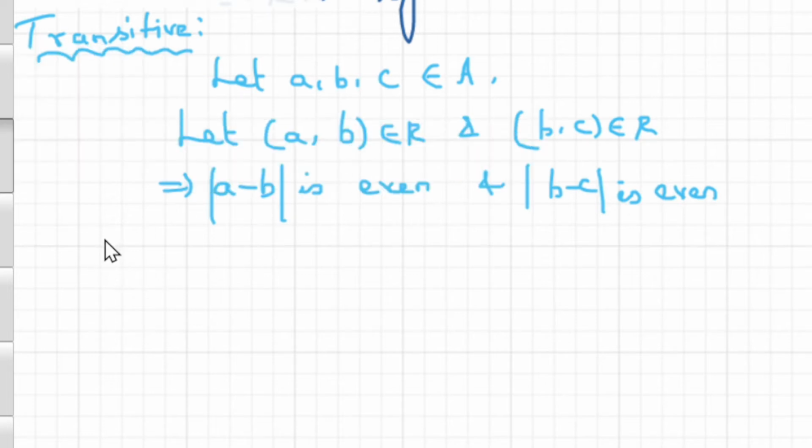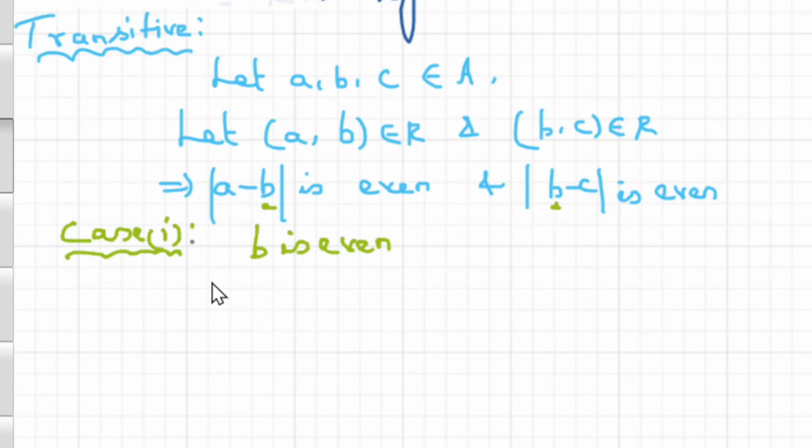Okay, first case, suppose b is even. The common element b is even.